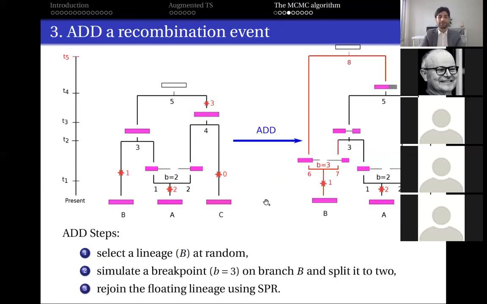Let's explain add first. For add, we choose one lineage and then randomly choose one to rejoin that is somewhere else, and that results in maybe lower acceptance. But if the acceptance happens, then that would be a big change on the ARG.